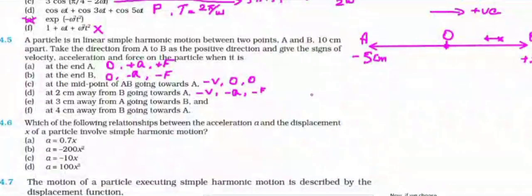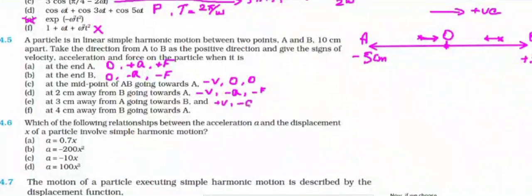Then next case, at 3 centimeter away from A and going towards B. Here again velocity is positive as it is going towards B, the positive direction, and acceleration is directed towards the mean position. So acceleration is positive.